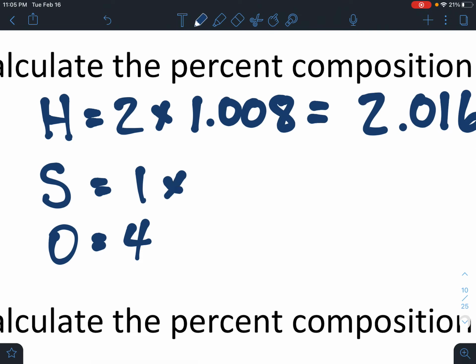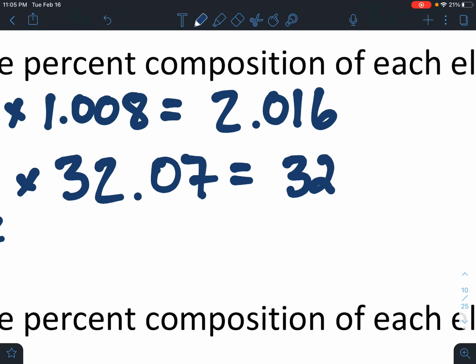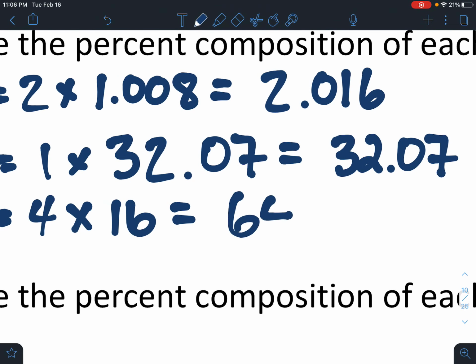For a sulfur, it's just whatever mass it says on the table, since there's only one sulfur in the compound. Sulfur's mass is 32.07, so that equals 32.07. And then finally, oxygen, there are four of them, but each oxygen has a mass of 16. So 4 times 16 is equal to 64.